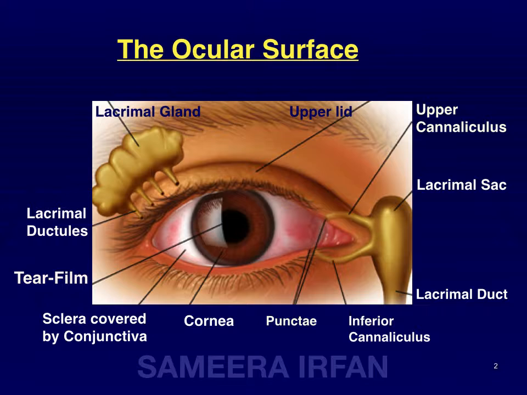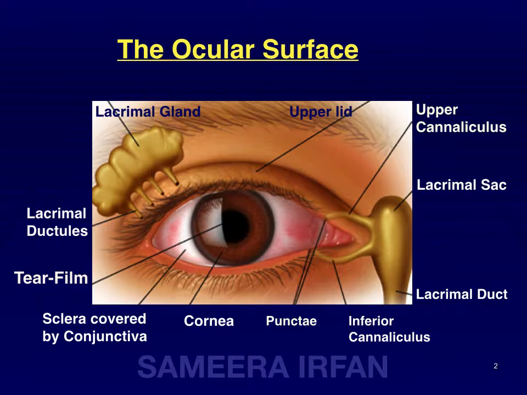Additionally, due to the close proximity of the nasal mucosa and the nasal sinuses, the diseases that affect these structures can also spread and involve the ocular surface. So, the disease spectrum is enormous.